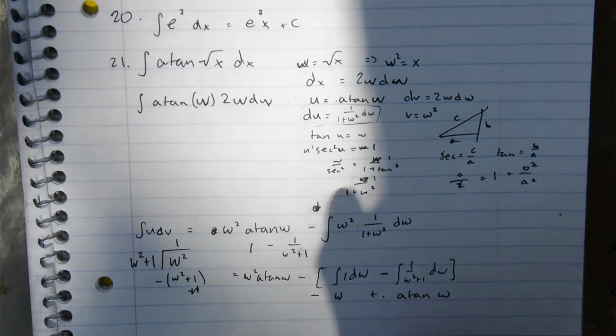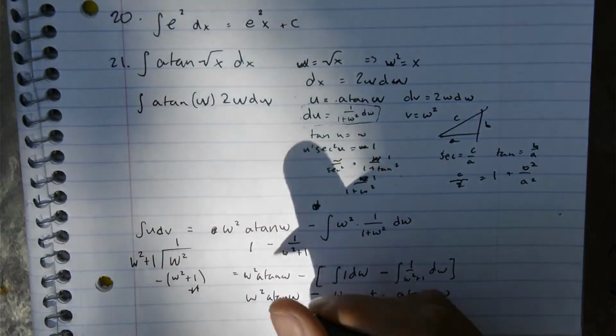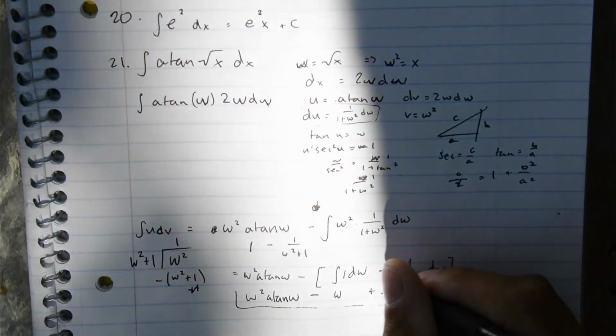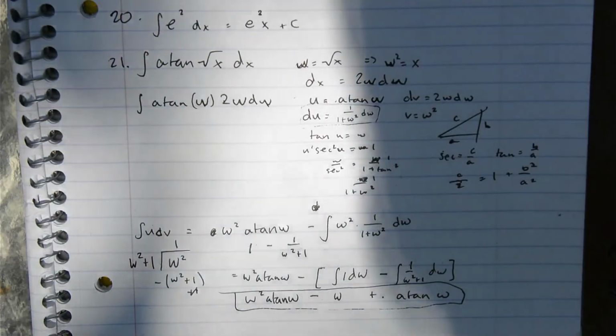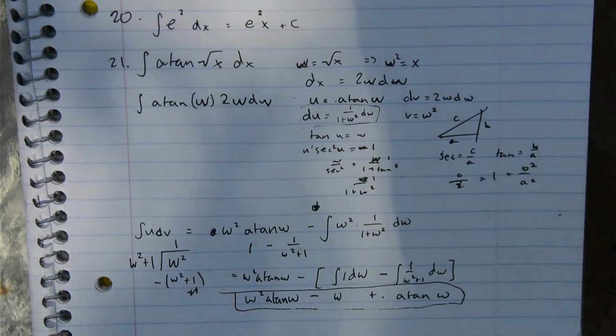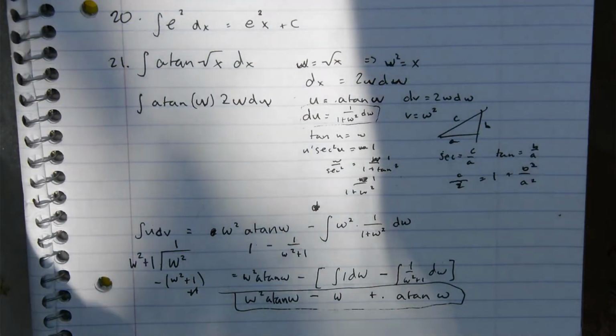Okay, so this is going to be w squared arctan w. Is that right? It seems off.